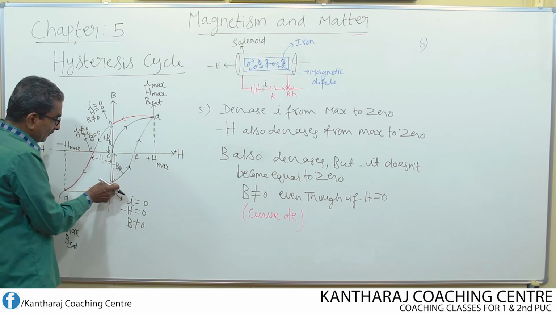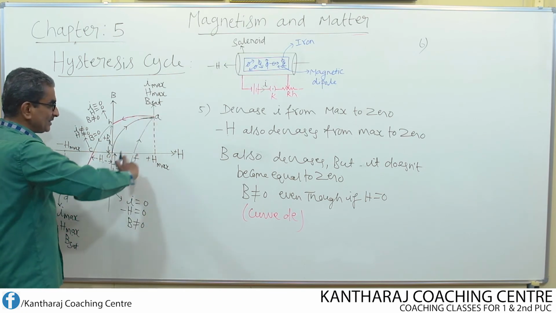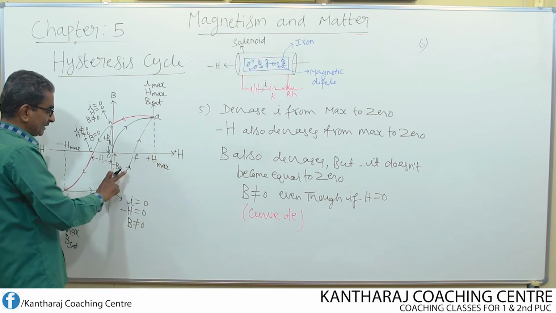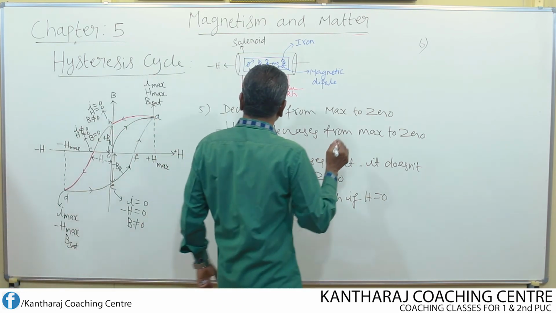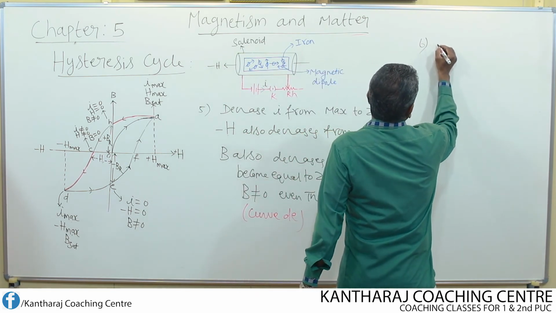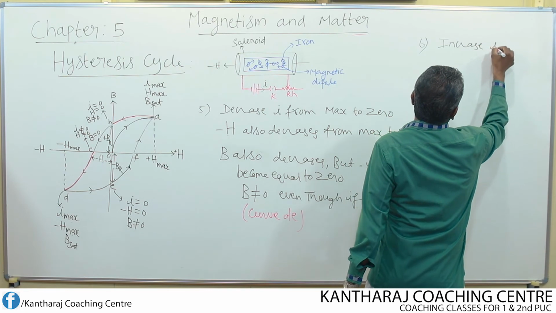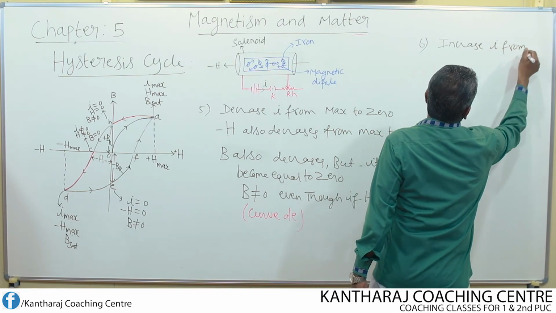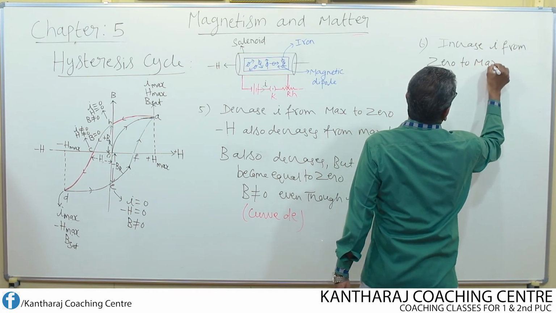So once and for all, I explain this at a stretch. At one stretch, we can explain from the point E to the point A. So let us write that. Increase I from 0 to maximum value.